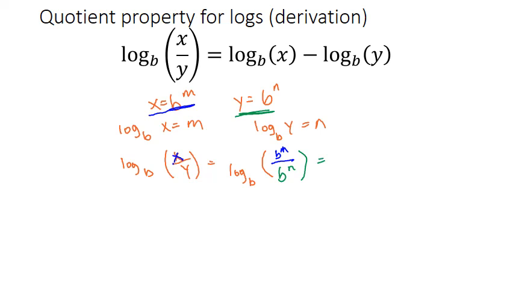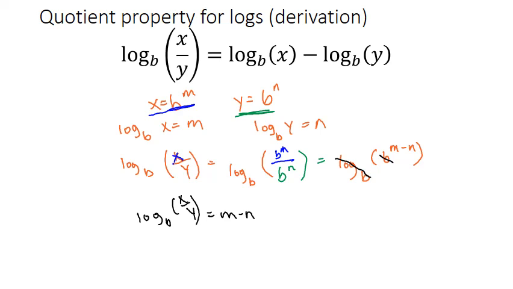And from what we know, when the bases are the same, we subtract the powers. So this is the same as saying log base b of our new argument, which is b to the m minus n. From what we know, base b cancels out with log base b. They're inverses of each other. So that's going to give us m minus n as a result. And we already had log base b of x over y on this side.